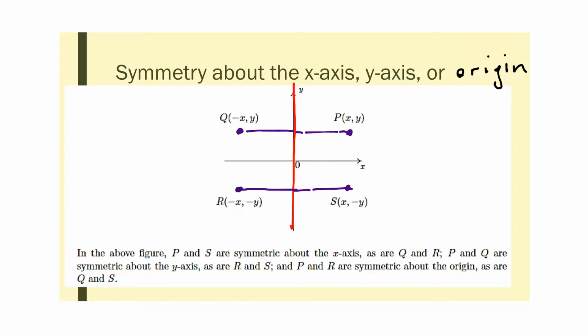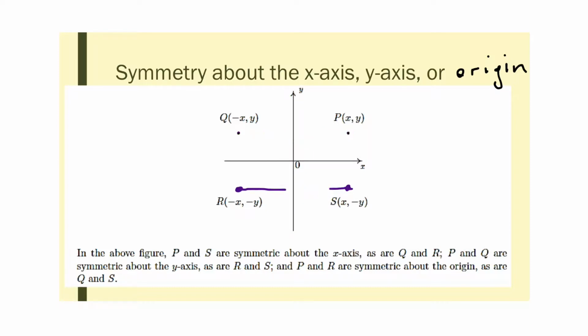So you can see that the x value, for instance, if this is 4, this would be negative 4. If this was 5, this would still be 5. So your x value, the sign changes. Your y value, exactly the same. Same down here. This is positive, this would be negative. This is negative y, same number, negative y.